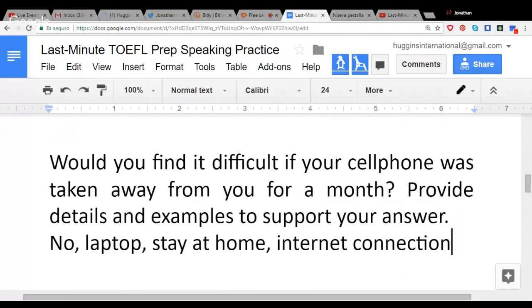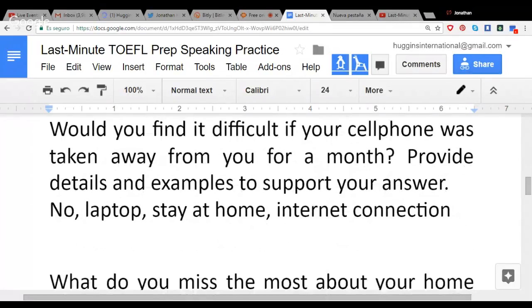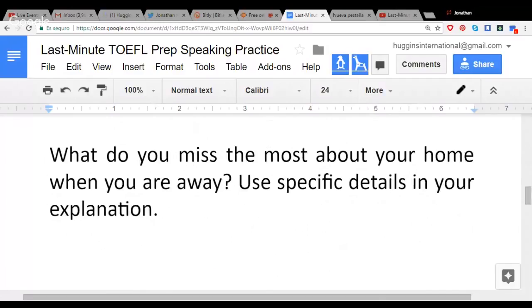Okay, next, another question here. What do you miss the most about your home when you are away? Use specific details in your explanation. So, okay. I am now going to do this for 15 seconds.